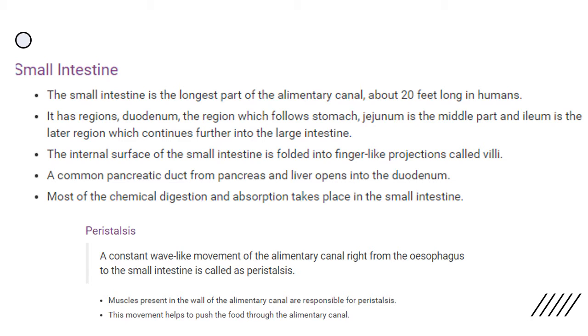So we are going to talk about the small intestine. Small intestine is considered to be the longest part of the alimentary canal, and it is about 20 feet long in humans. It contains various regions: the duodenum, the region which follows the stomach; the jejunum, which is the middle part; and the ileum, the later region which continues further into the large intestine.